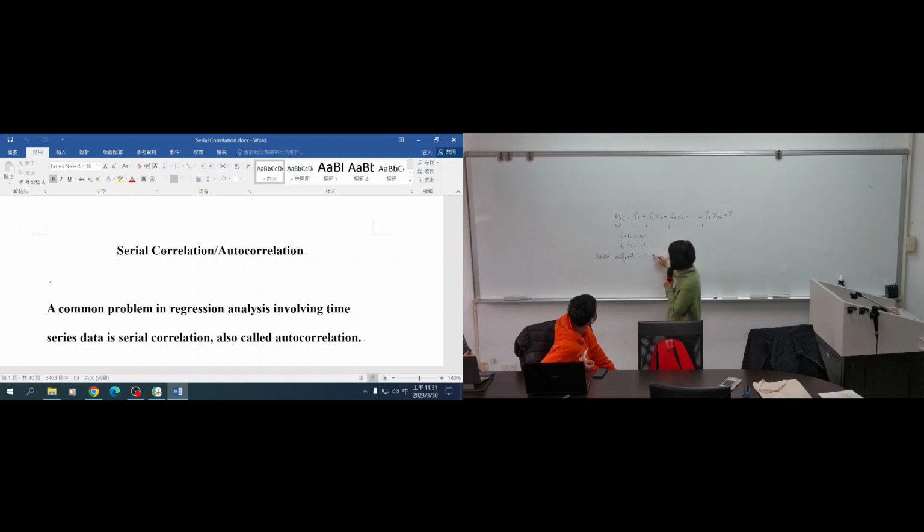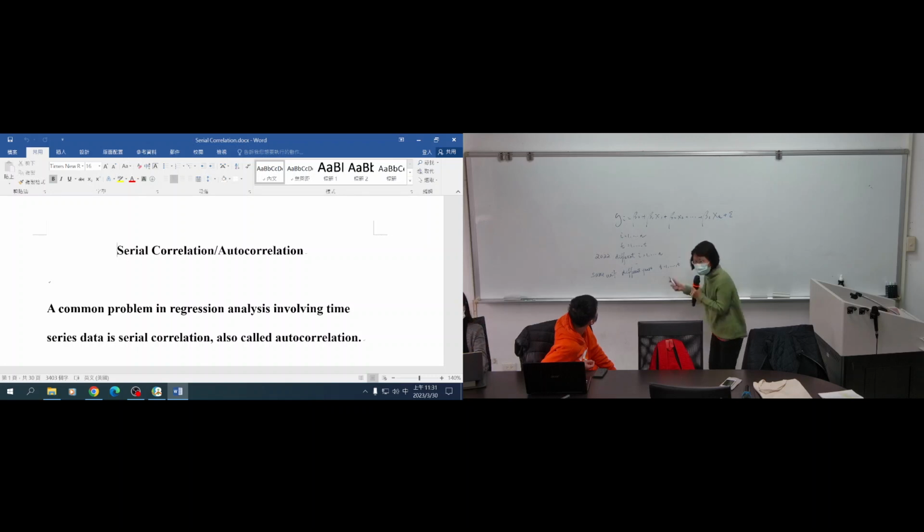The i is from 1 to n. But time series data is the same units, some particular unit, and different years. So if I use yearly data, t goes from the first year to the t-th year. So this is the difference, okay?